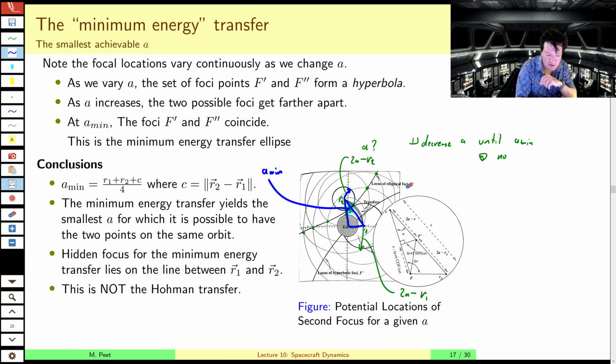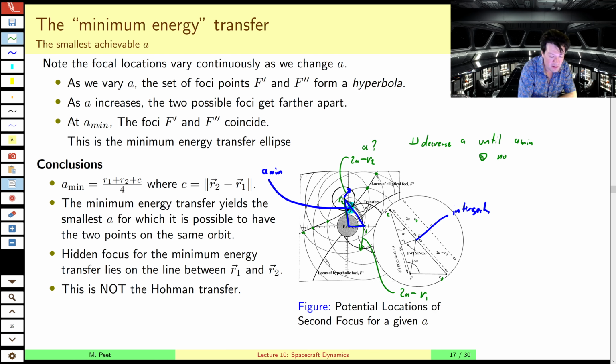Yes, so what was I saying? Oh yes, right. At this point, this is the intersection of the circles. This is R1, this is R2, this is R1. And at this intersection, it lies on both circles.